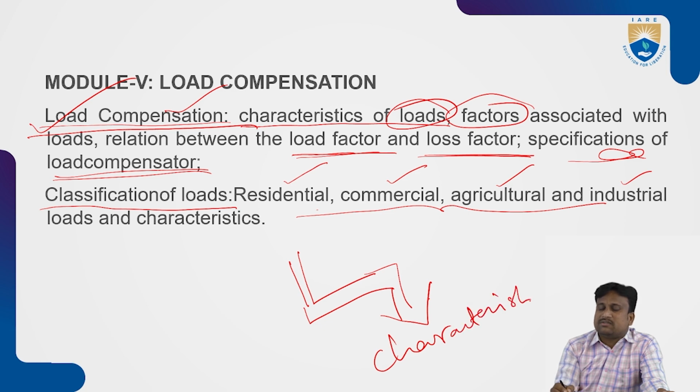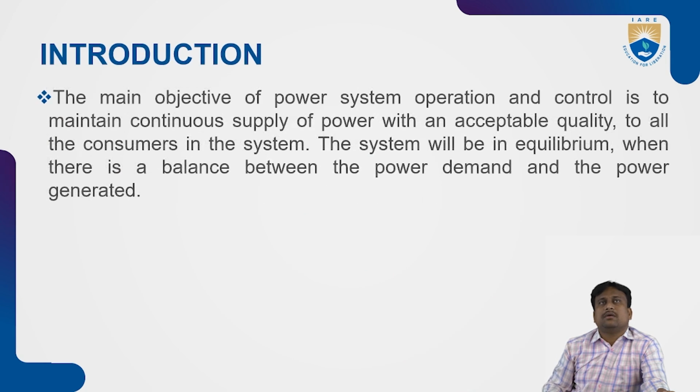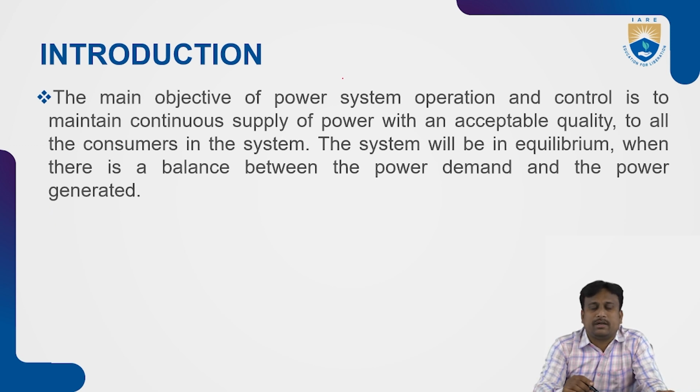The characteristics will define how the load behaves. This load behavior can be determined by obtaining the characteristics of the loads. So all these are the information regarding power system operation and control.